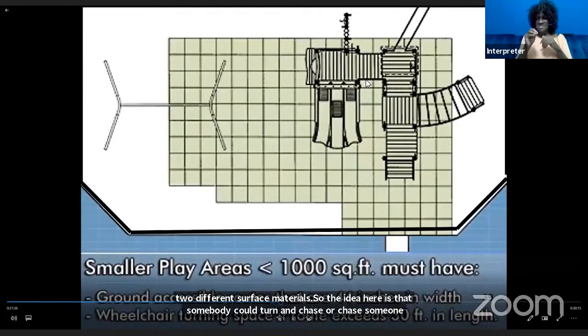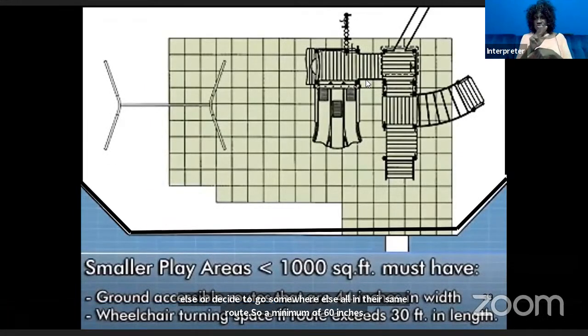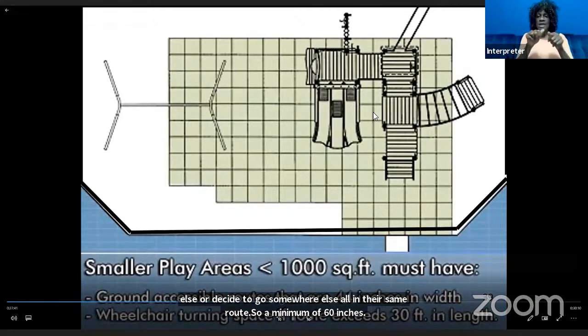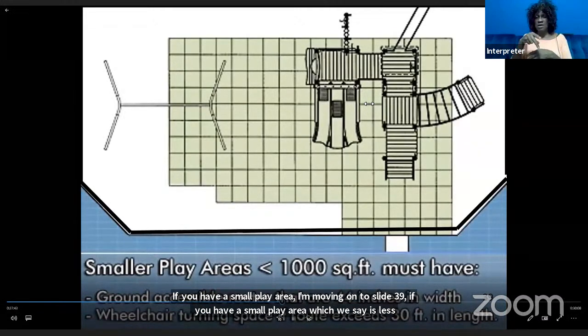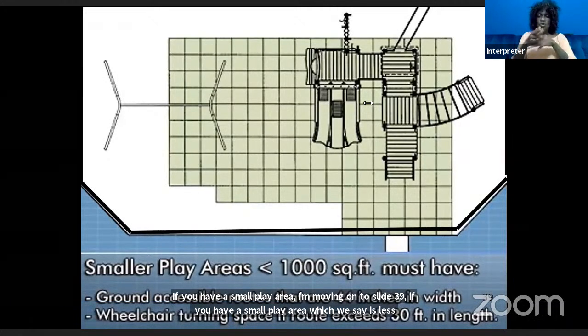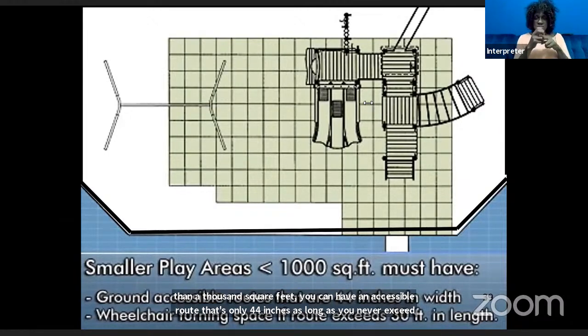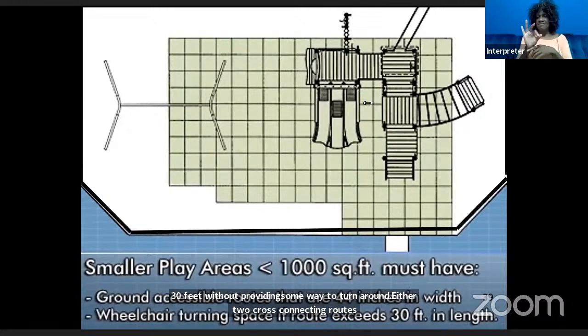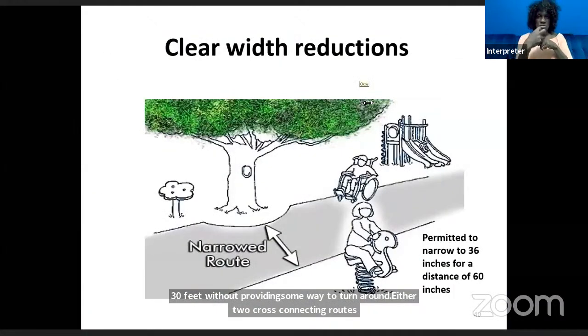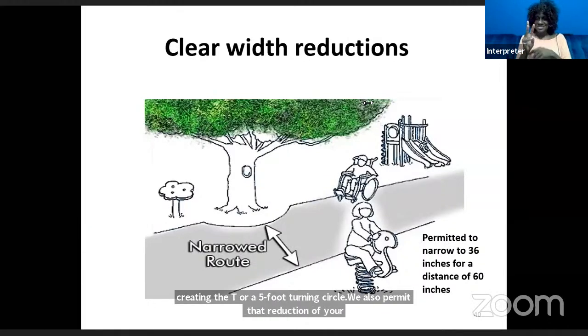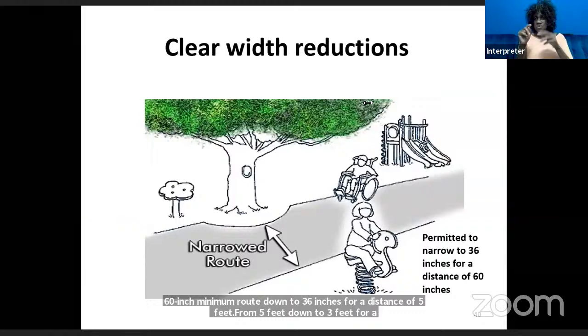Moving on to slide 39, if you have a small play area, which we say is less than 1,000 square feet, you can have an accessible route that's only 44 inches as long as you never exceed 30 feet without providing some way to turn around, either 2 cross connecting routes creating a T or a 5-foot turning circle. We also permit a reduction of your 60-inch minimum route down to 36 inches for a distance of 5 feet, to get around a tree, get around another play component, things like that.